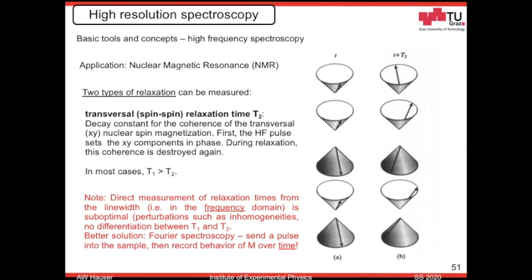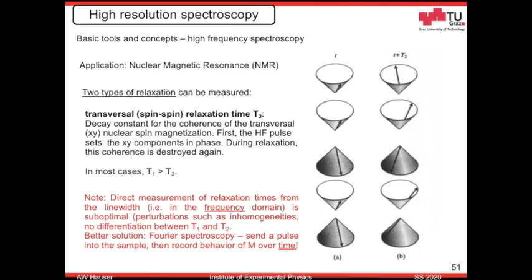Now, the time T2 is the transversal or spin-spin relaxation time. This is an interesting phenomenon. If you do your excitations, then all the spins which are performing this precession movement will be at first in phase. But this in-phase behavior gets lost over time.